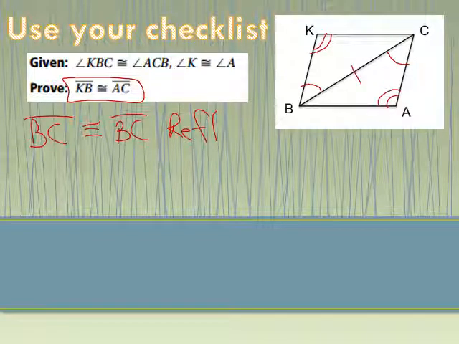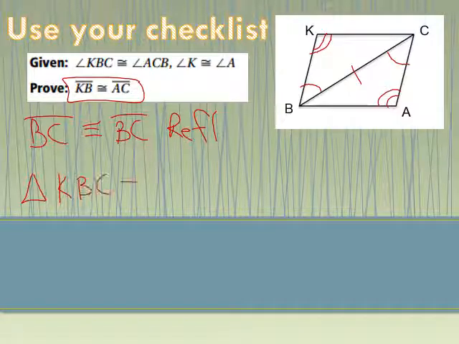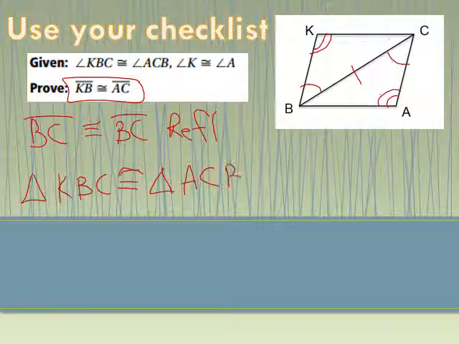And so now I know that triangle KBC is going to be congruent to, and you've got to be careful with your congruence statement here. Whew, that's rough. KBC, I went double arc mark, single, to none. So I'm going to go double, single, to none. So this would be ACB. And the reasoning for that is angle-angle-side congruence.